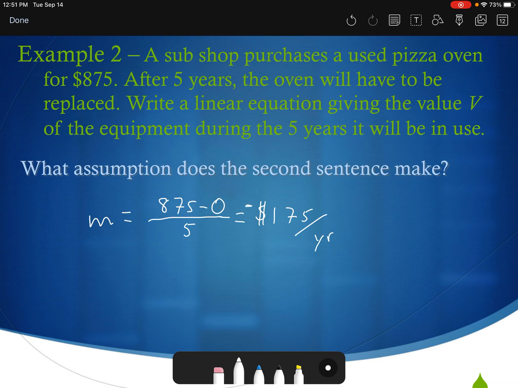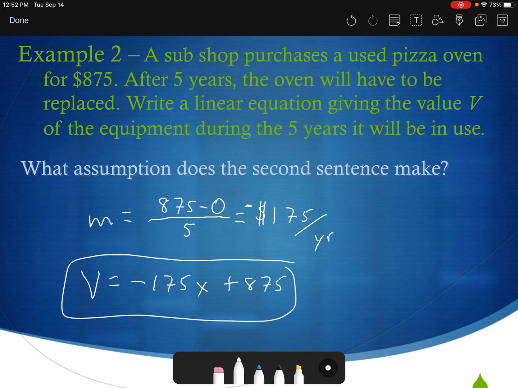So that would be negative $175 per year. So what would the value be? Well, you'd obviously have negative 175 per year, we'll call it x. And it started out at 875, and there's our linear equation.